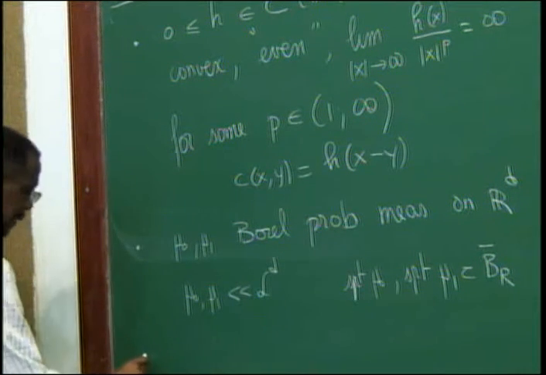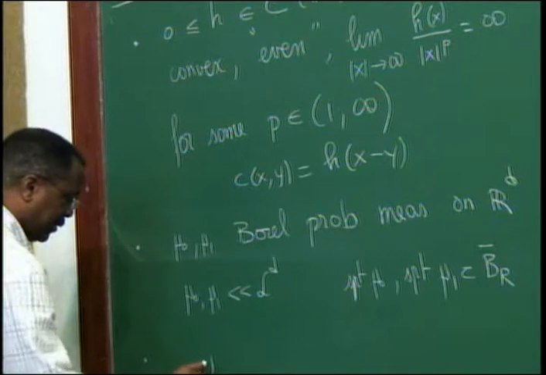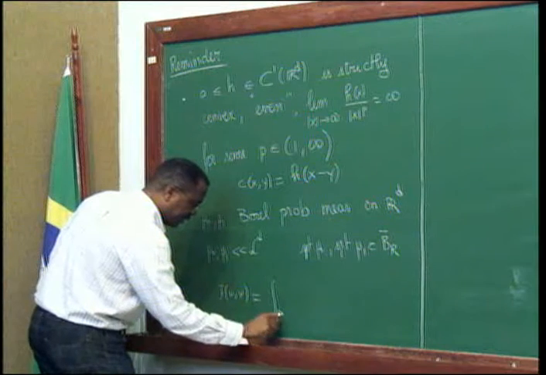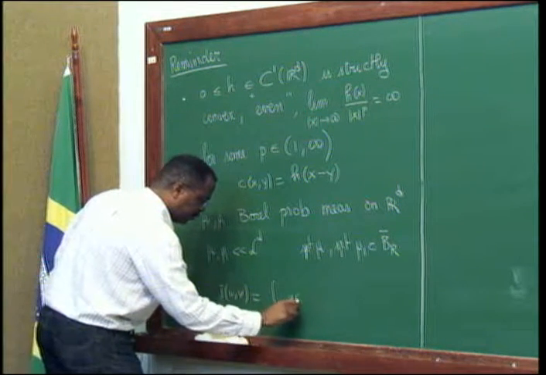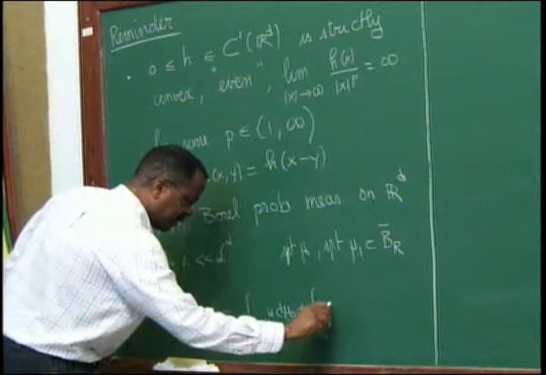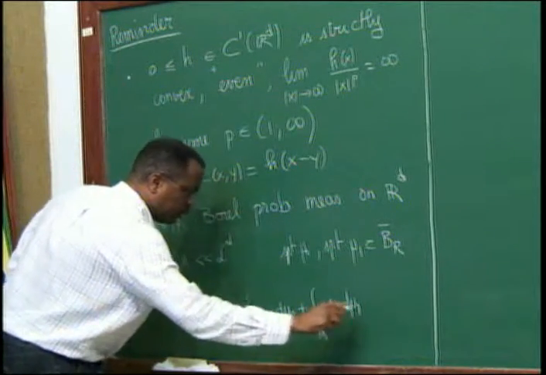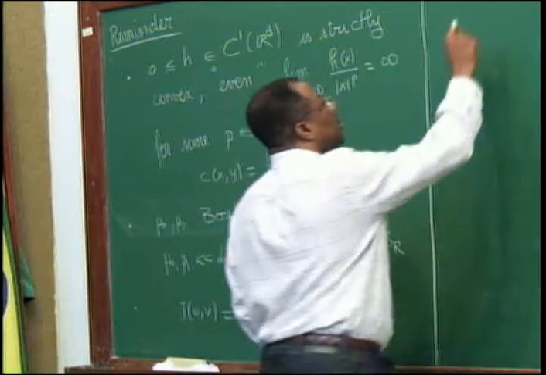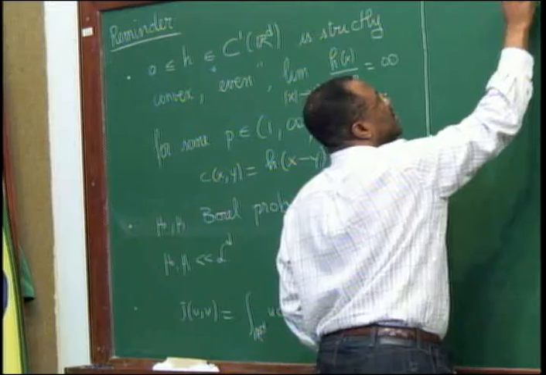And J of u, v equals the integral over Rd of u d mu naught plus the integral over Rd of v d mu1. And I am going to consider J on UC.